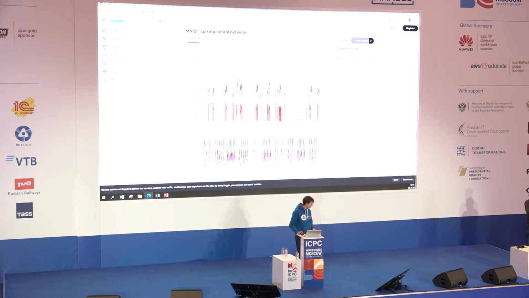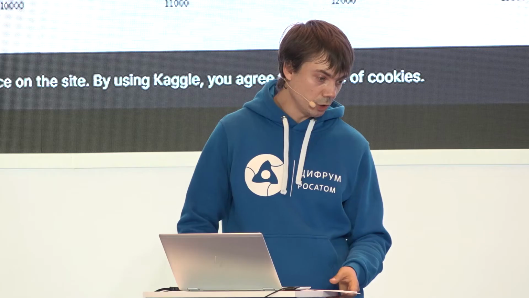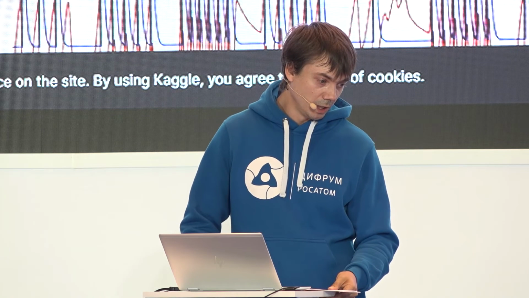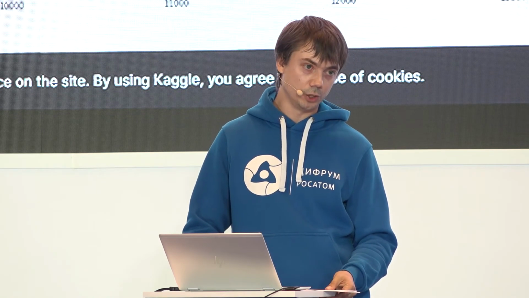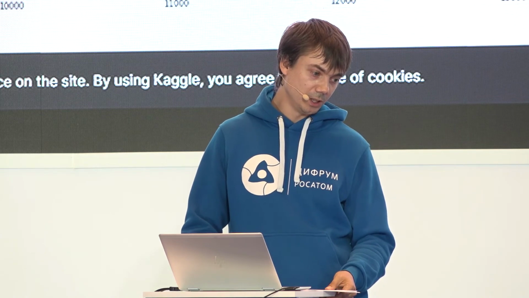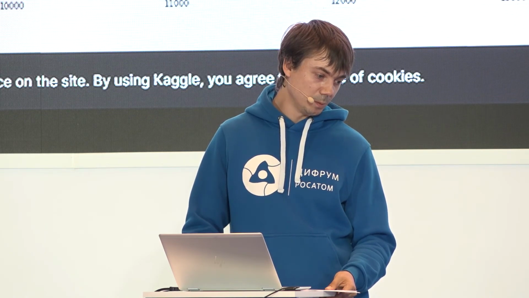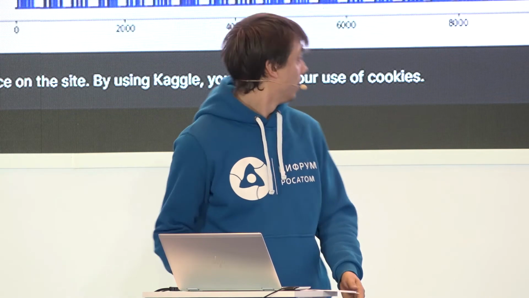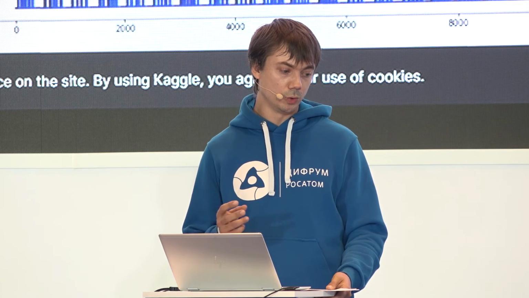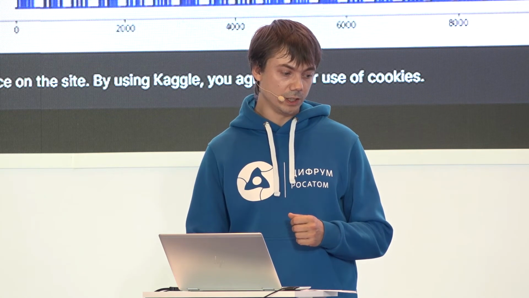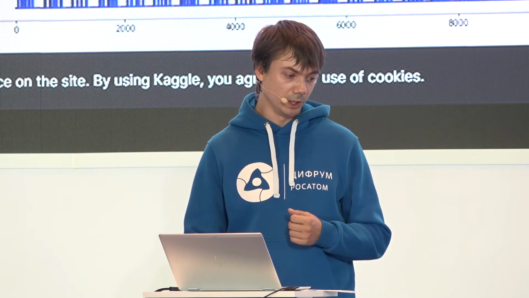Next, I have some visualization of the learning process. The first plot visualizes how weight changes during training. You see some changes. And the most interesting plot is this one. It represents how the membrane potential behaves for two connected neurons, red is the excitatory neuron and blue is the corresponding inhibitory neuron.